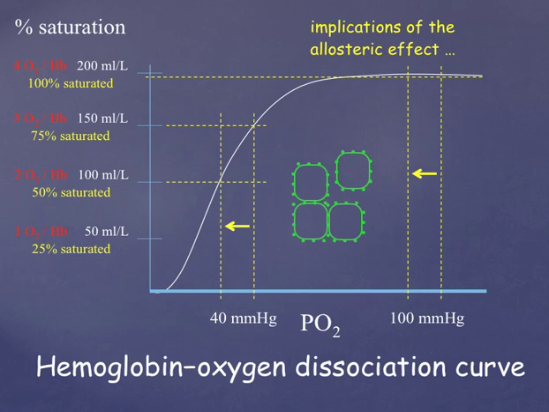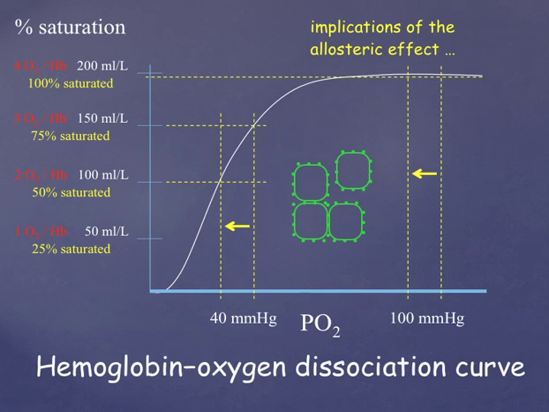And the allosteric effect is that the affinity of hemoglobin for oxygen is determined by the number of oxygens attached.